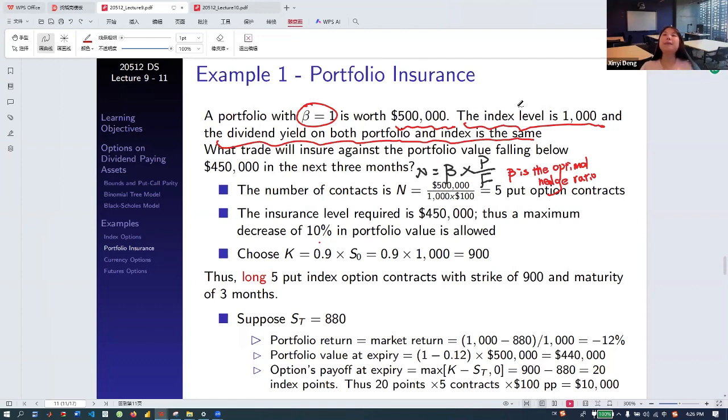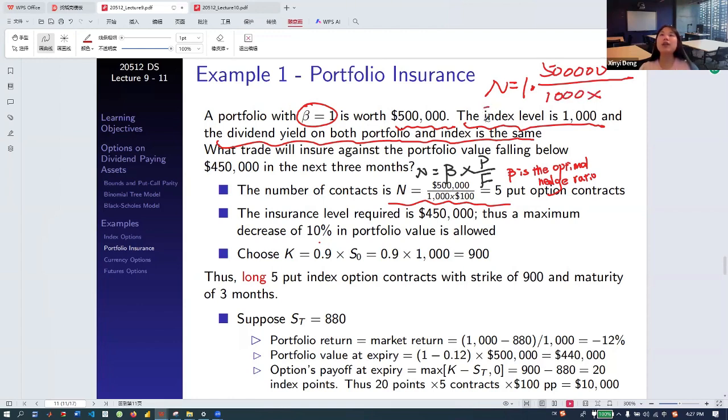Now let me do the calculation. The calculation is also here, but let me just do it again. N would be equal to beta, which is 1, times P, the portfolio value, which is $500,000, divided by the value of a single options contract, and that's 1,000 times something.